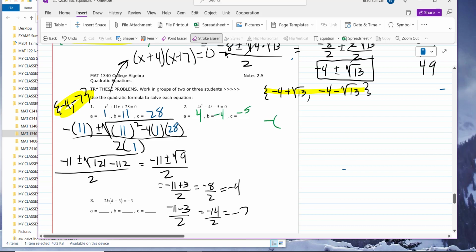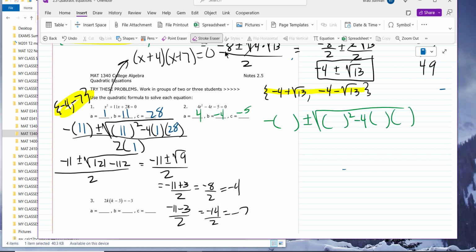So again, I'm going to go negative b plus or minus square root of b squared minus 4ac all over 2a. Get it set up. Just use parentheses, then pop stuff in. So now you're going to have negative 4 plus or minus negative 4 squared, 4 times 4 times negative 5. 2a would be like that.